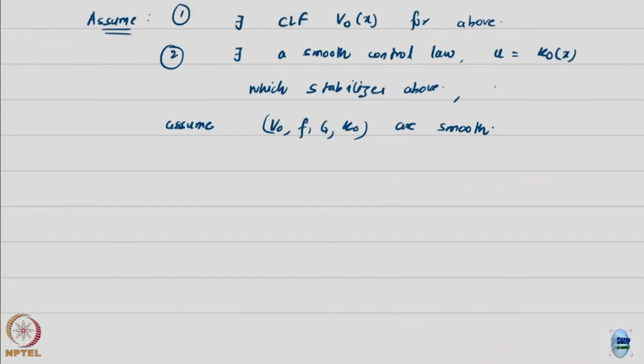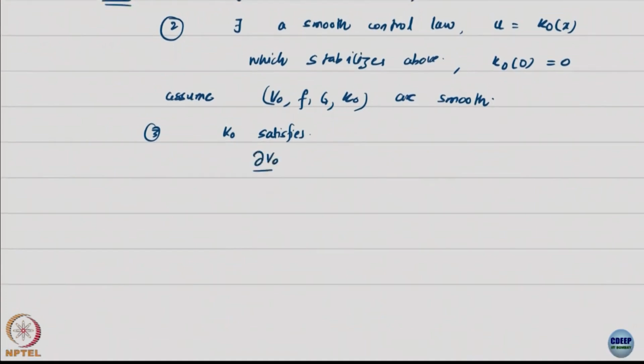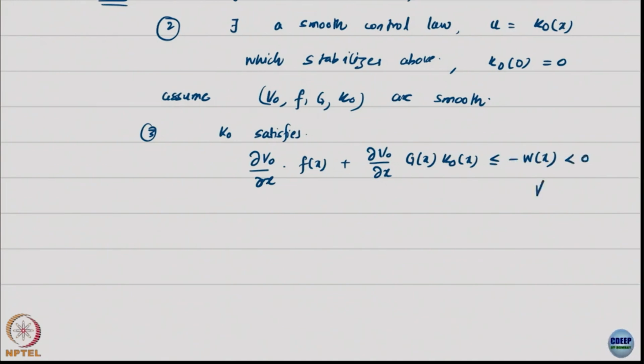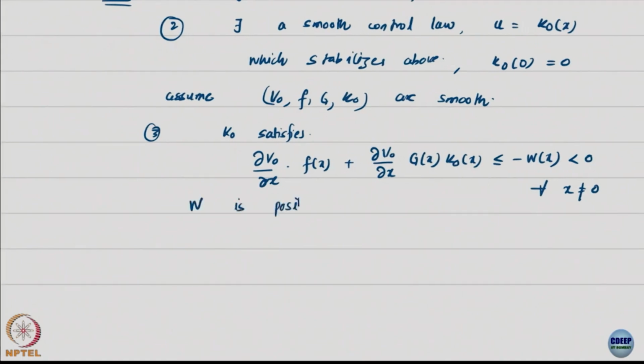Now, third: k0(0) is equal to 0, and k0 satisfies del V0 del x times f(x) plus del V0 del x times g(x) k0(x) is less than or equal to minus W(x), where W is positive definite.